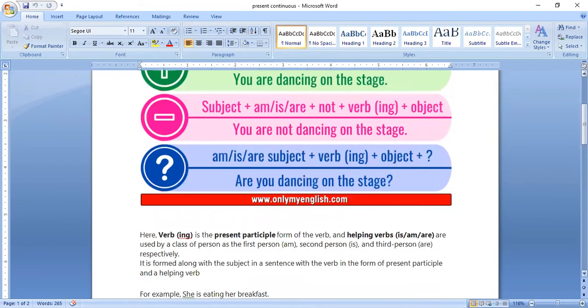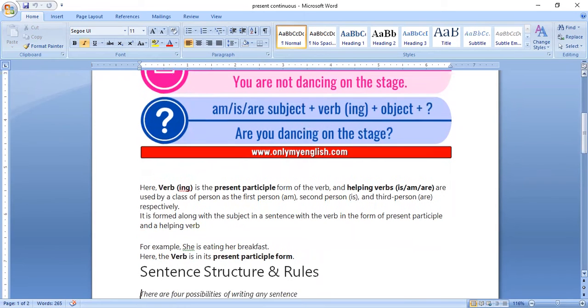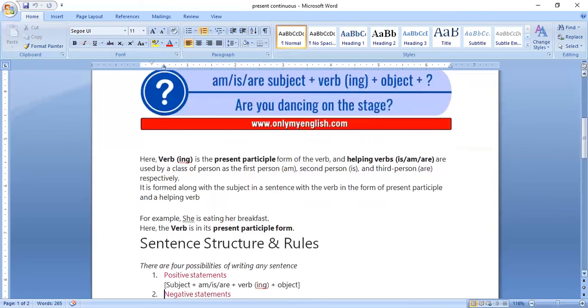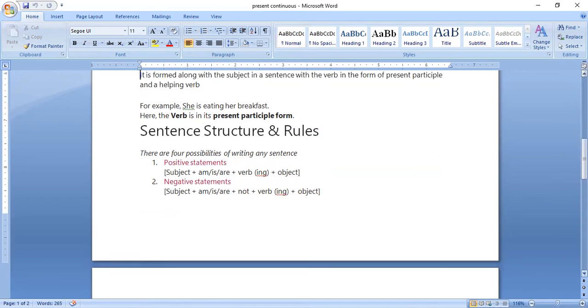The helping verbs is, am, are are used by a class of person: am for the first person, is for the second and third persons, and are for the plural especially. It is formed along with the subject in a sentence with the verb in the form of present participle and helping verb.